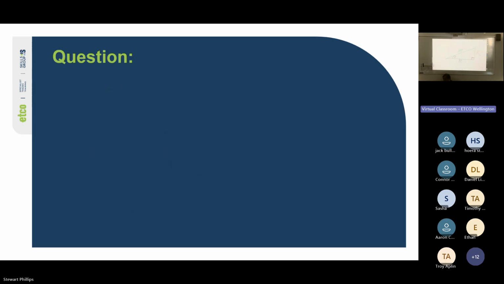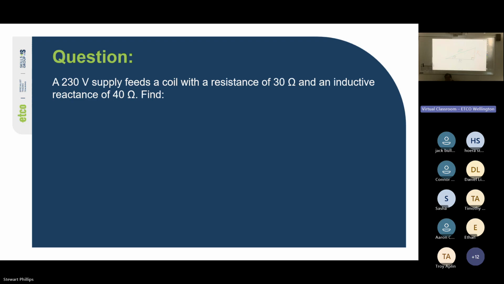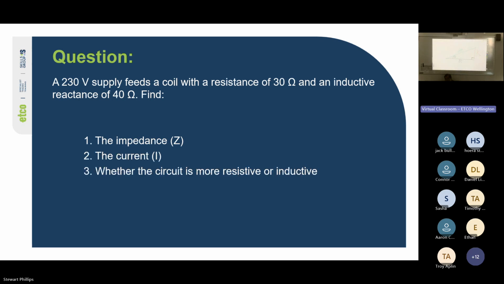Cool. So here is a good question. We have a 230 volt supply and it feeds a coil with a resistance of 30 ohms and an inductive reactance of 40 ohms. We need you to find the impedance, the current, and whether the circuit is more resistive or inductive.